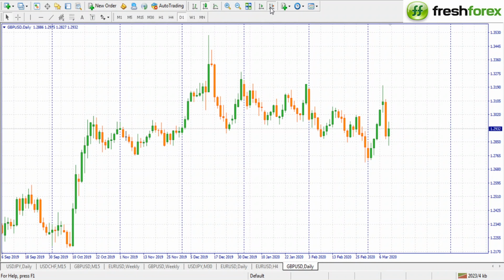So this is how the daily chart looks. We are seeing the possibility that the price may continue to the lower side, but we can't conclude that unless we draw our levels correctly.